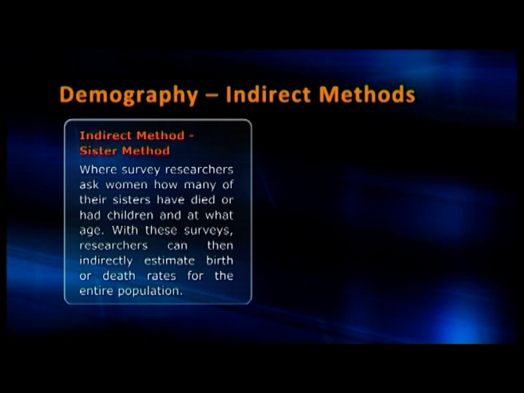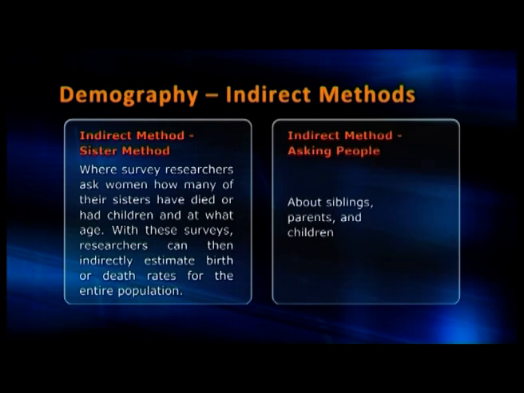With these surveys, researchers can then indirectly estimate the birth or death rates for this entire population. Other indirect methods include asking people about siblings, parents, and children.